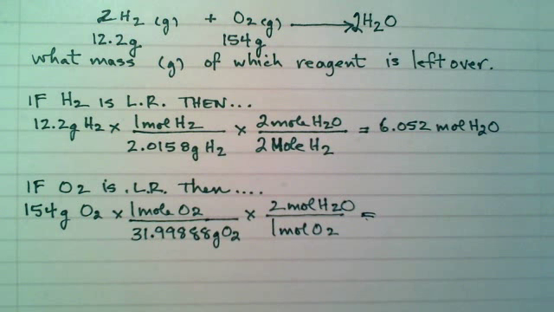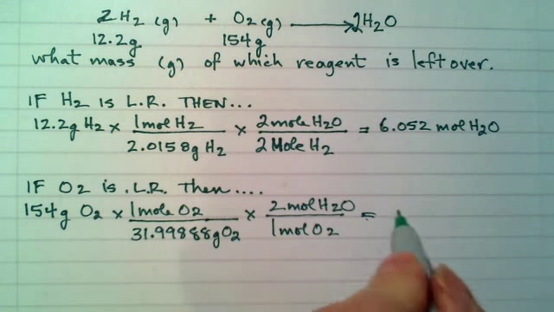Okay, what's this number on the calculator? 154 times 1 times 2 divided by 31.99888. And that is 9.625.